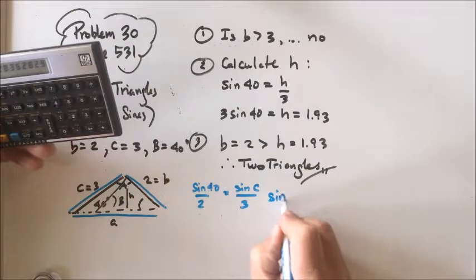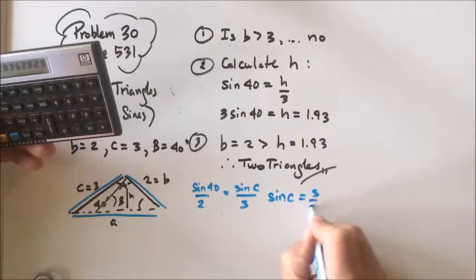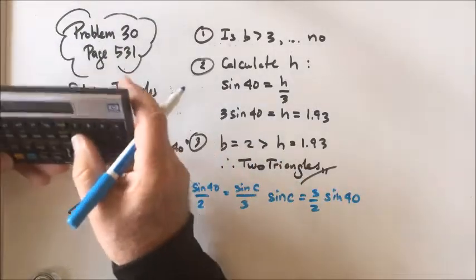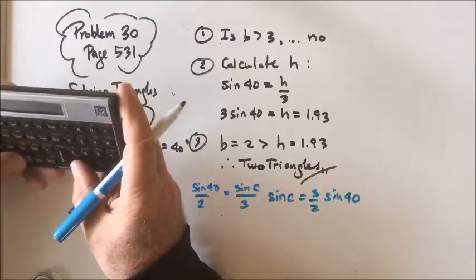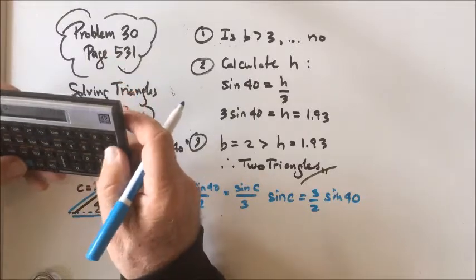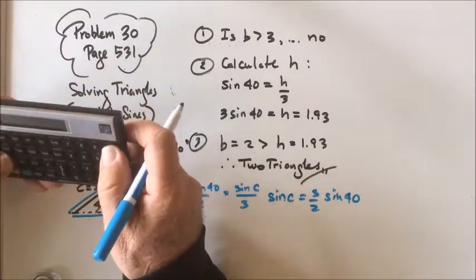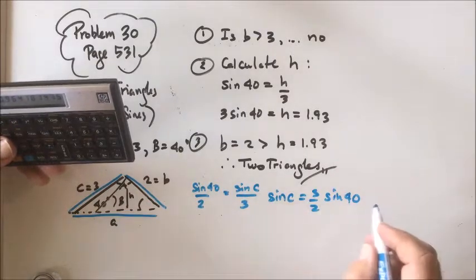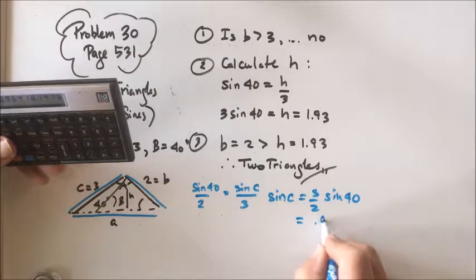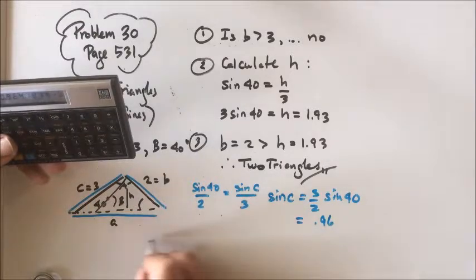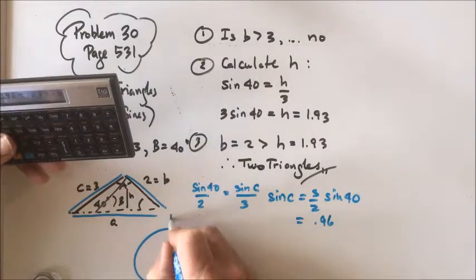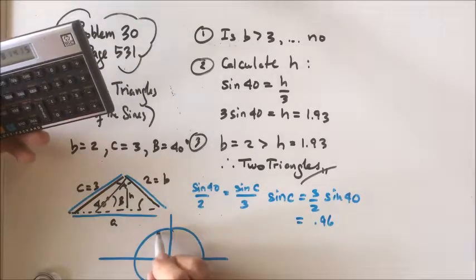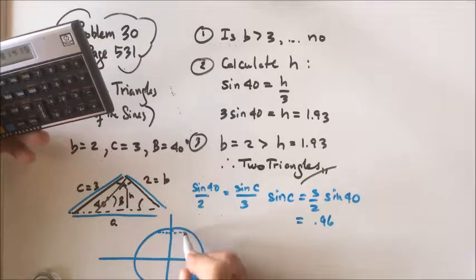This says sine of C is equal to 3/2 sine 40, and that number is 0.96.